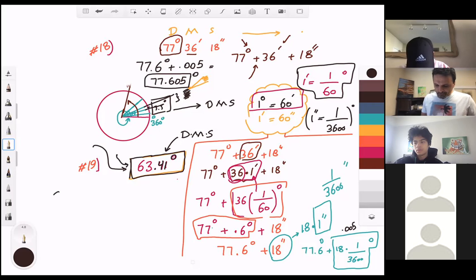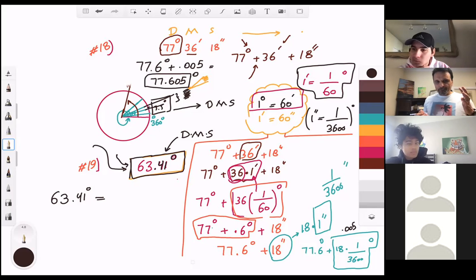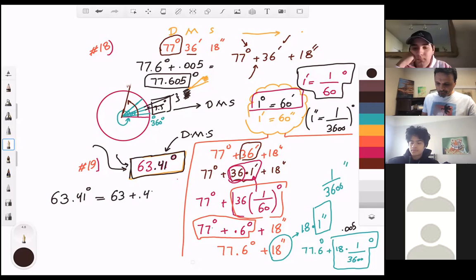We have 63.41 degree. Again, we are doing little bit of algebra cheating. Cheating means we're not doing any mistake. We're just applying some trick. So 63 plus 0.41. So this is degree, that's degree. Correct?